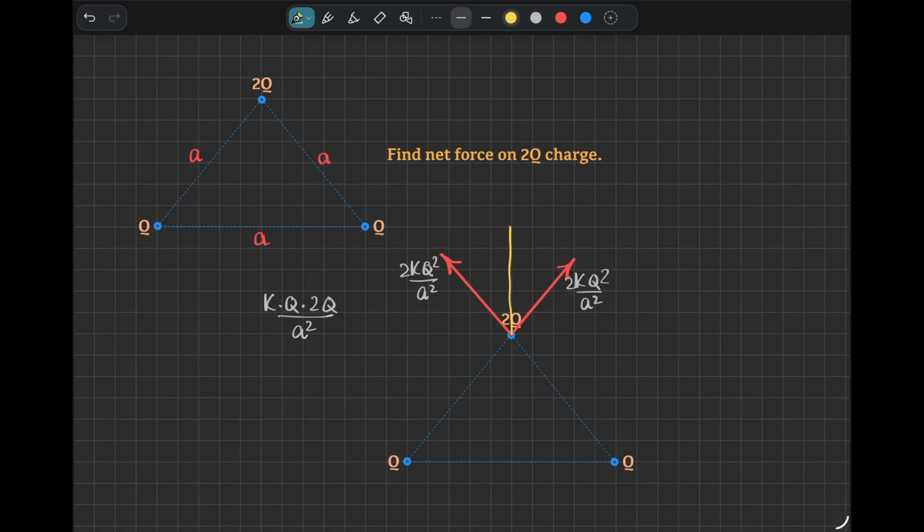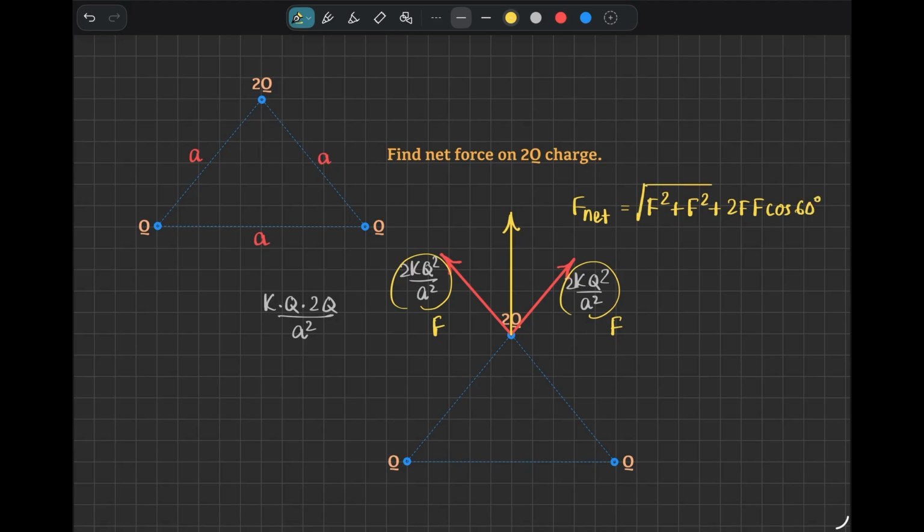The resultant will be in the middle this way, and this force will be the resultant of the two. So if I take one of the forces as F, the other will also be F, but the angle between them will be 60 degree. So F net, I can write, is root over F square plus F square plus 2 into F into cos 60 degree.